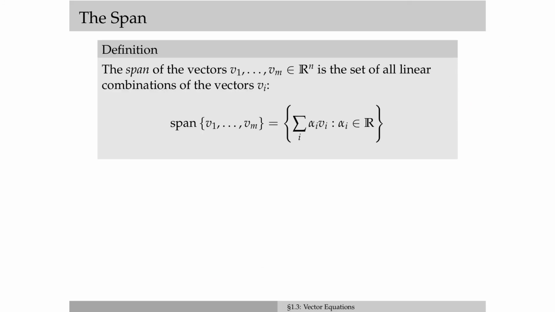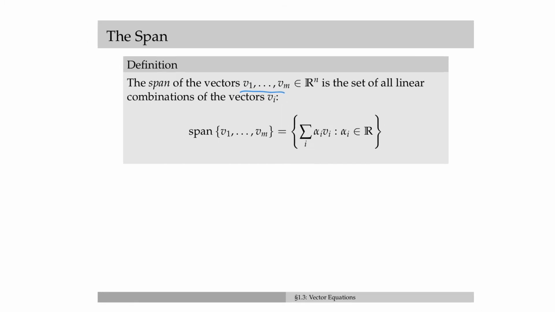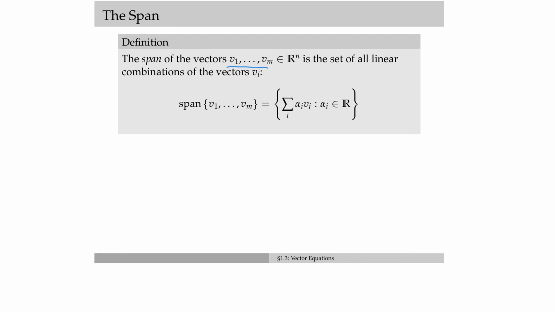Okay, next up, the span. So the span of a collection of vectors is the set of all linear combinations of those given vectors. This is a very interesting thing. All right, in the last slide, we asked if one vector v here was a linear combination of two vectors.